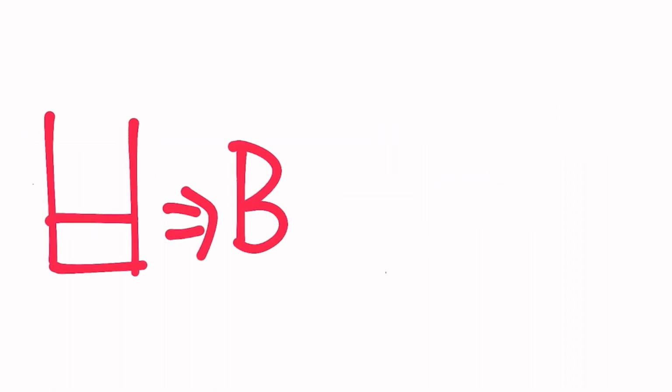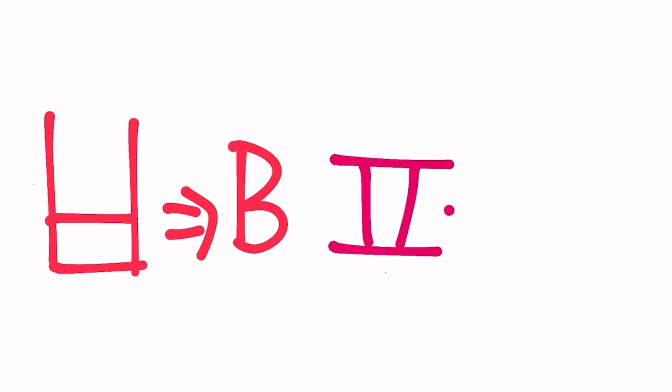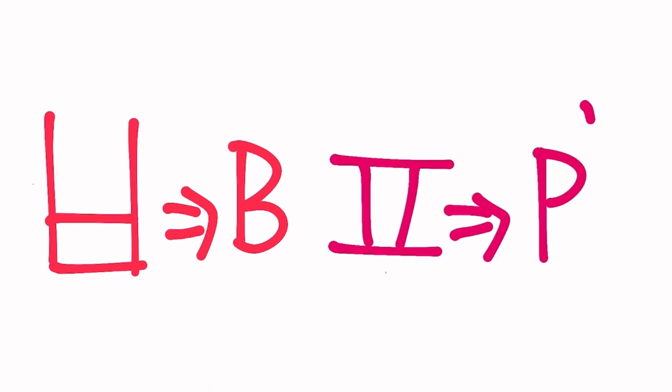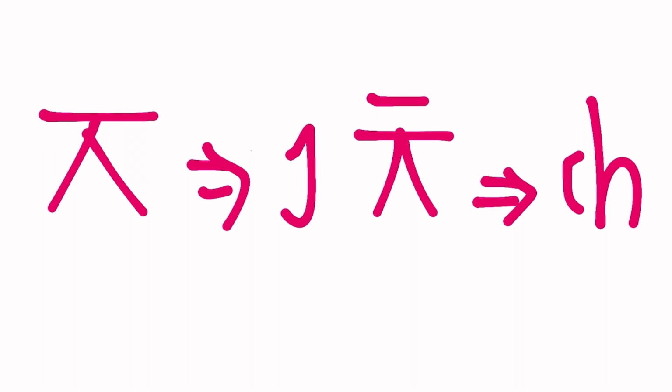Next one, we have B right here, but for this one, to pronounce the P, this is how we write it, so this sounds like P as in Philippine. The next one, we know this as J in Korean, but we have another type, which is this one. For this one, we can read it as ch as in cheese.